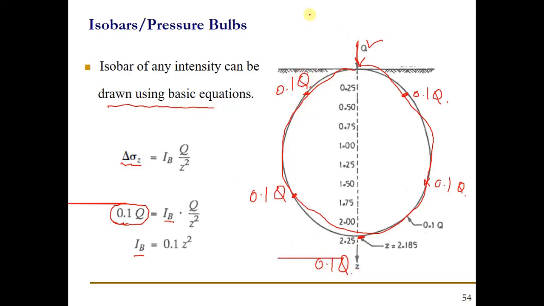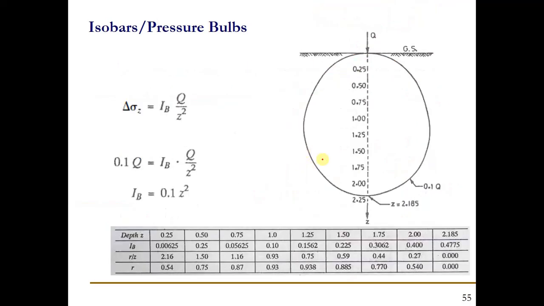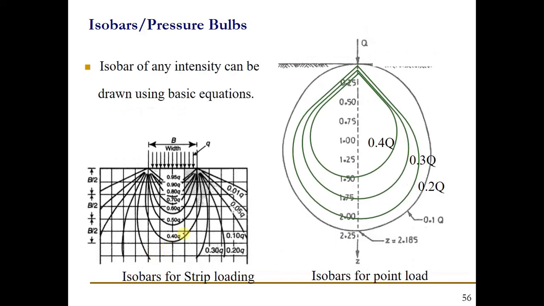So this is the sectional view. This is the point load, this is the soil. We can also draw this isobar for various values of I_B, R by Z and R. An isobar of any intensity can be drawn using the basic equations as we discussed earlier.